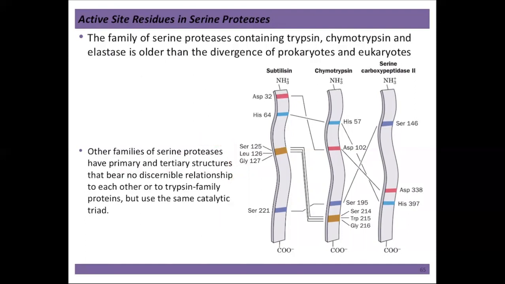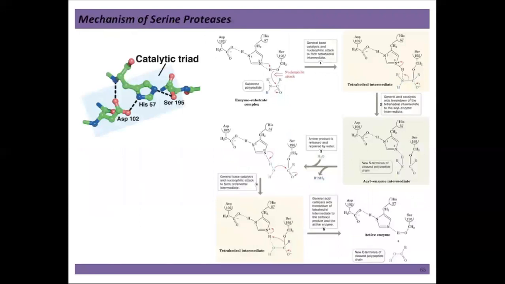What that means is that it is a very efficient arrangement of amino acid side chains where you can cleave these peptide bonds and do other chemistry. So here's an example of that catalytic triad. And again, everything that has a catalytic triad does not have a common ancestor.